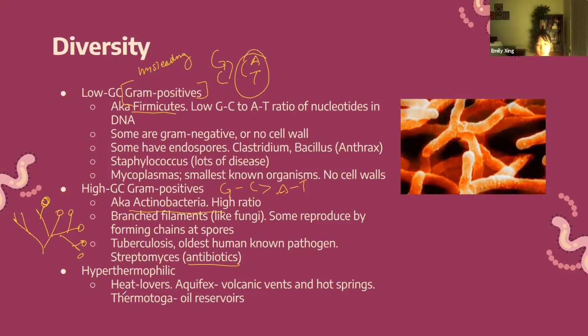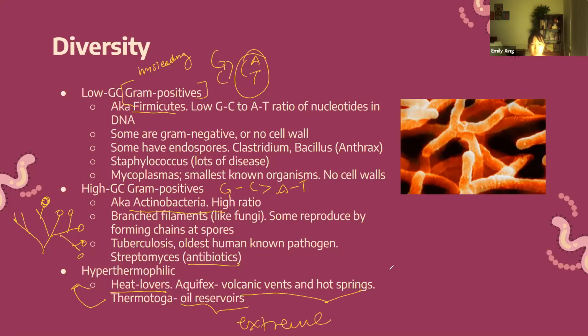Hyperthermophilic bacteria are another group. They are heat lovers. Hyper means extreme or greater, thermo means heat, philic means lover. For example, the bacteria Aquifex lives in volcanic vents and hot springs, and then Thermotoga, another group within this, lives in oil reservoirs, which are extreme environments.